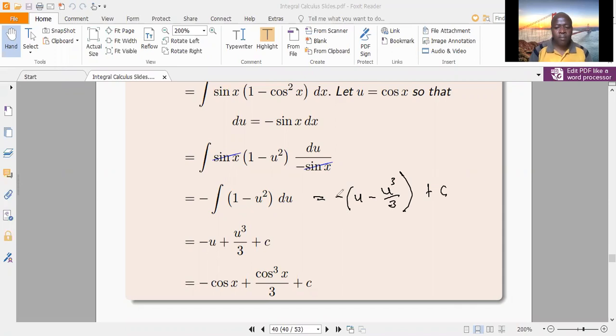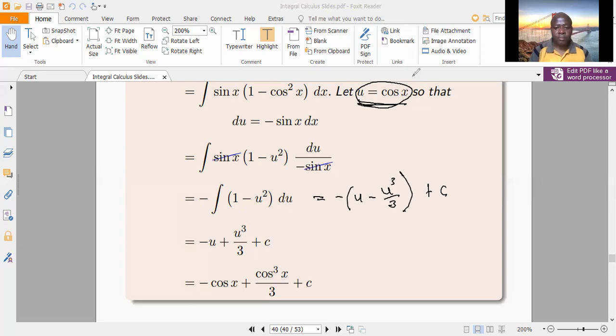So when I multiply by this negative inside, I would have negative u plus u cubed out of 3 plus c. But what was u? u was cos x. So where there is u, just write cos x. This will be negative cos x plus cos x cubed divided by 3, then plus constant of integration.